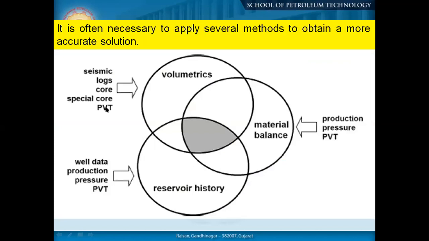Okay, so if you go through the Venn diagram, it would be easy. Different parameters, different data, help us to understand in a much better way. So seismic, log, core, special core, and PVT help us understand the volumetric reserve estimation particularly. Well data, production, pressure transient tests, PVT, and reservoir production performance with time can give us the material balance.